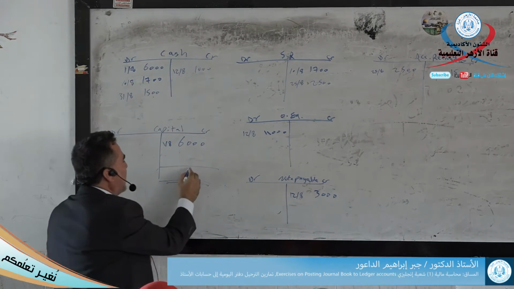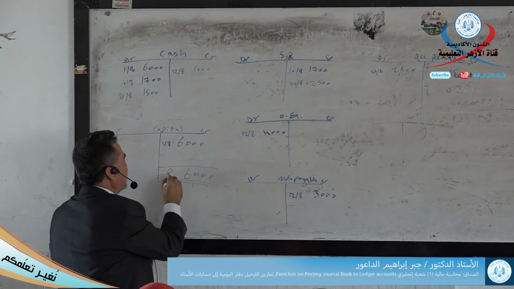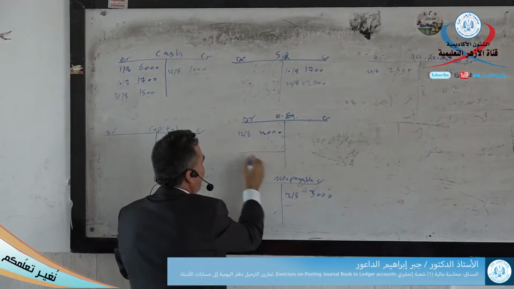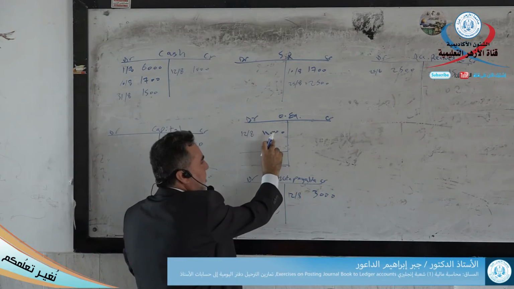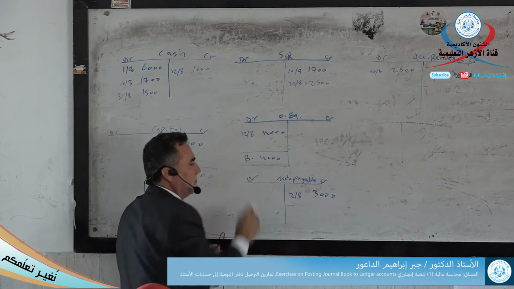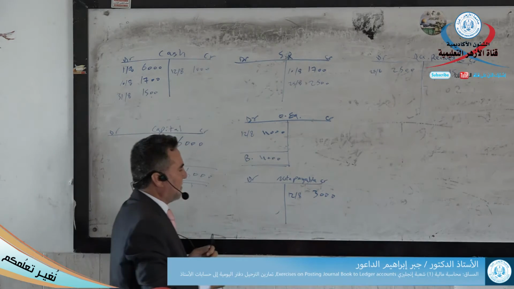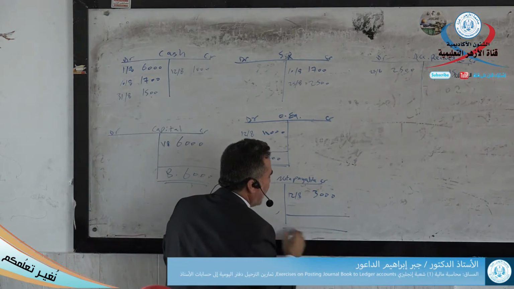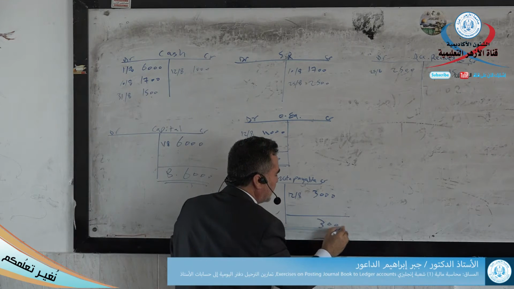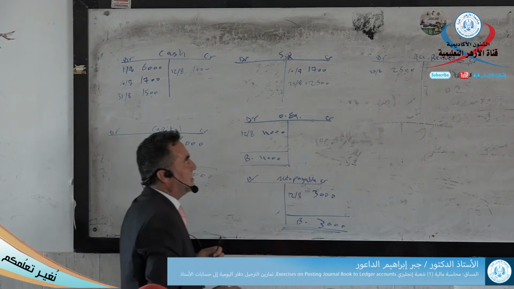So the balance will be 6,000. 4,000 balance. Note payable 0, 3,000 balance.